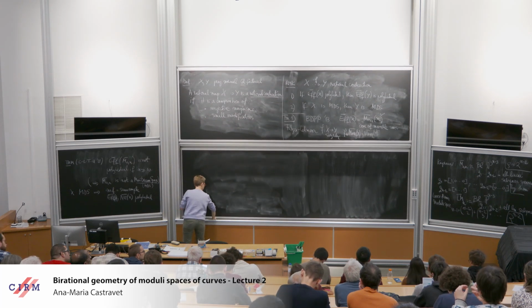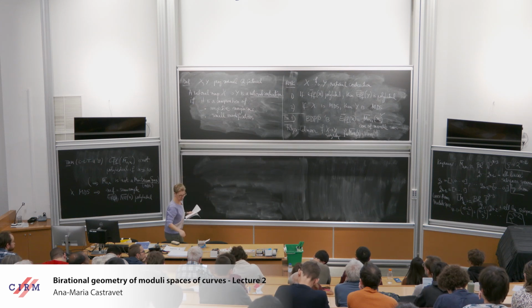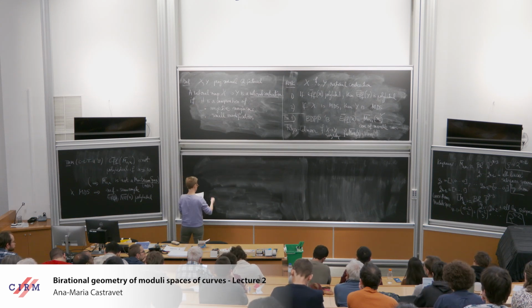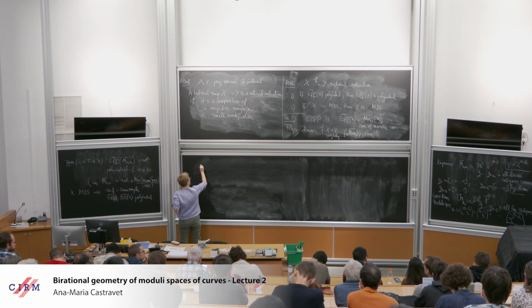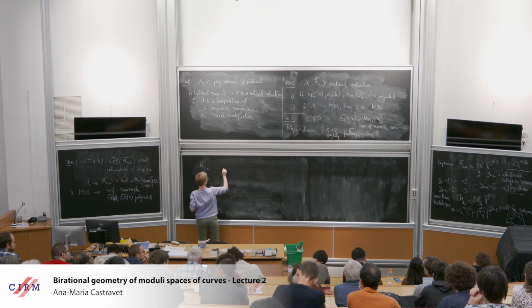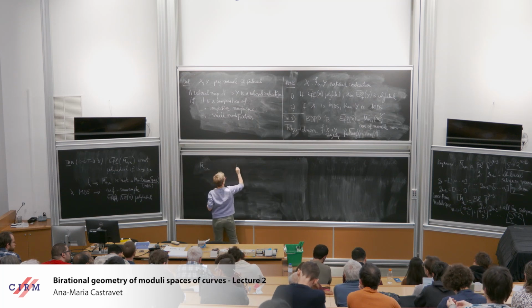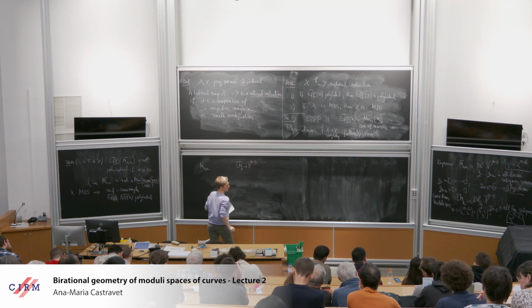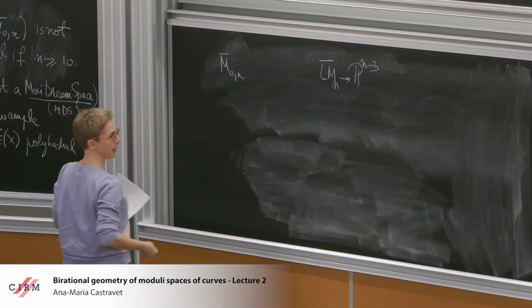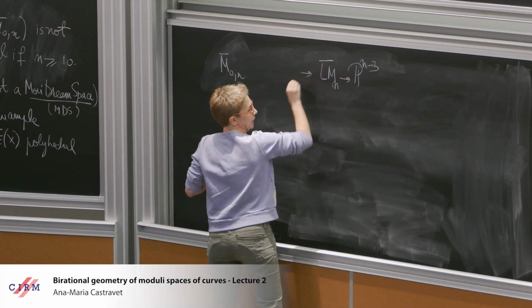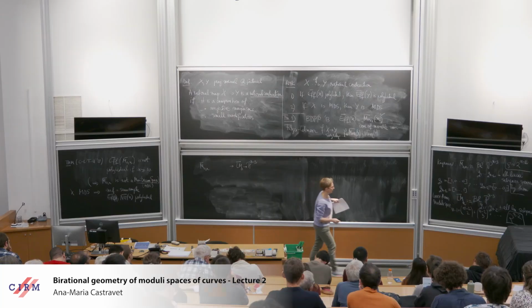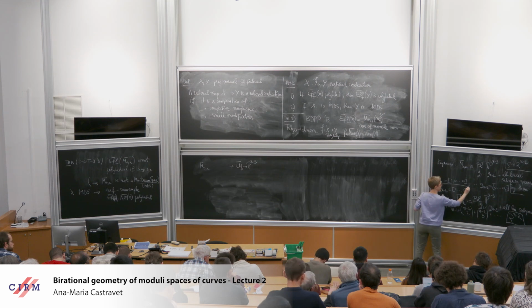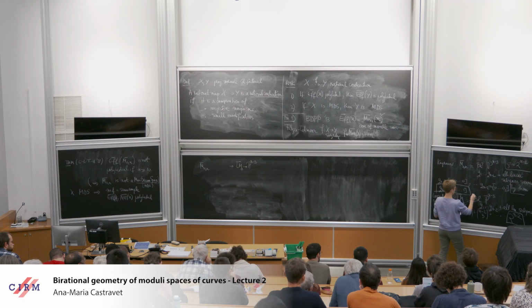So as I said, when you start with P^(n-3) to arrive at M0n bar, you can do the blow ups in different ways. And so one other possible way is to go through the Losev-Manin space. And then we need to blow up one more point, then all the linear subspaces spanned by it. And now I want to notice that the point that we have here is actually the identity of the open torus in projective space.